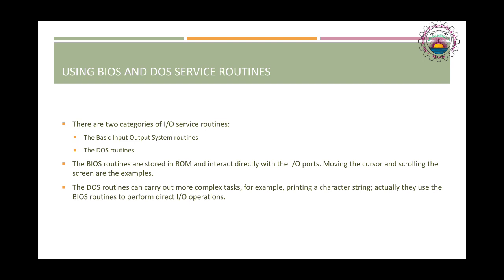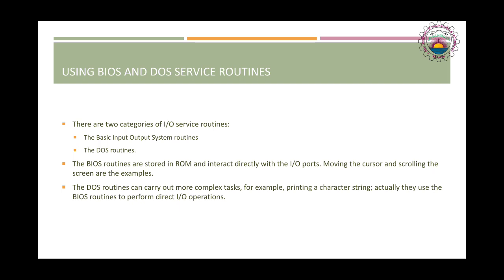Till now we have discussed different fields of an assembly language statement. Now we have to discuss the service routines which are required to write our assembly language file. In our assembly language file, we will be calling some pre-stored service routines.